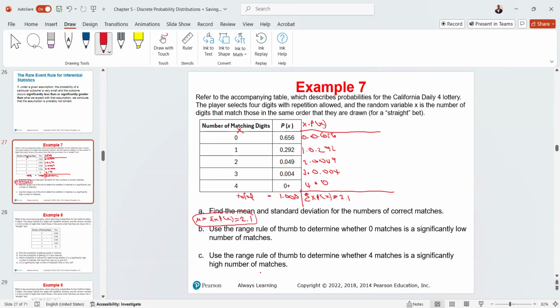The second question is to find the standard deviation. Remember, for the standard deviation, we need to take x minus the mean squared times p of x. Again, with your calculator, you can even go faster.